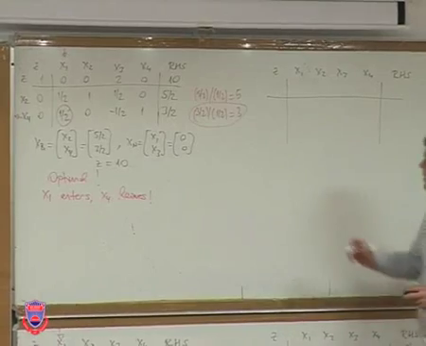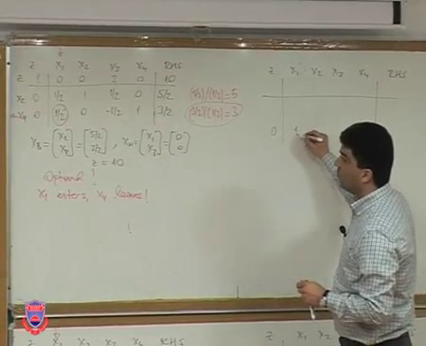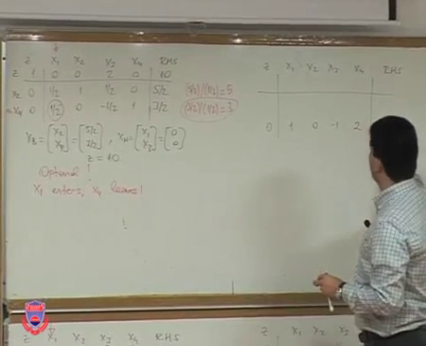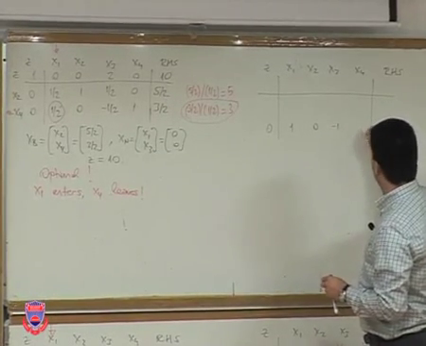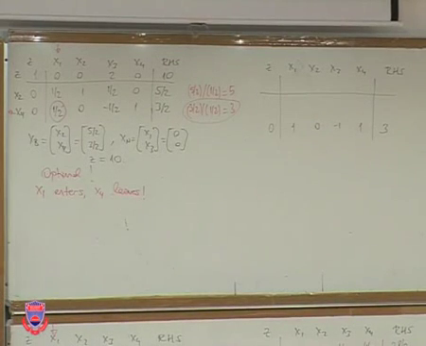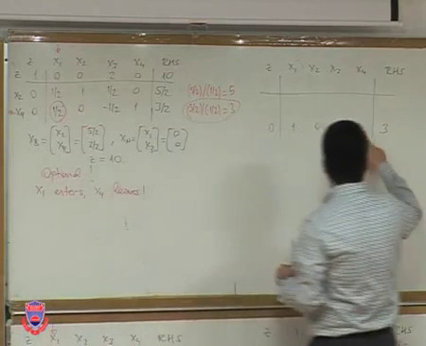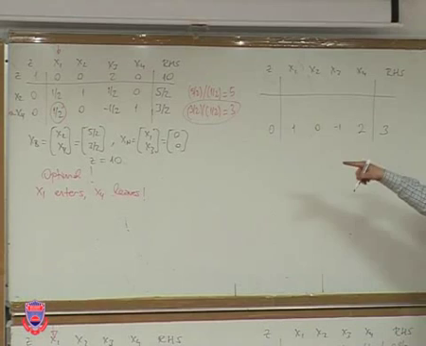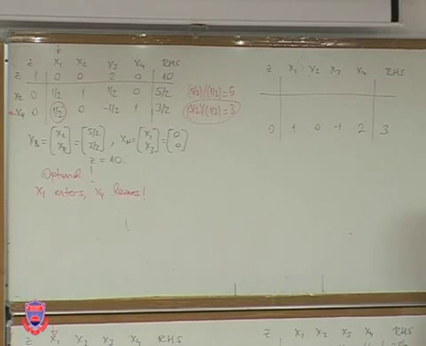If I do that, I have 0, 1, 0, minus 1, 2, and the right-hand side is 3. I'm just multiplying everything by 2, right? That's exactly what I have.